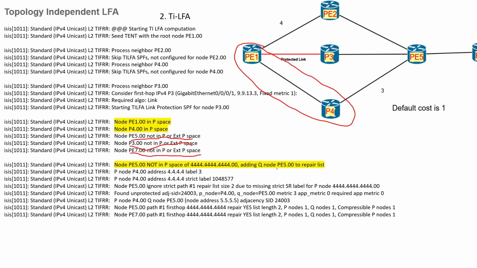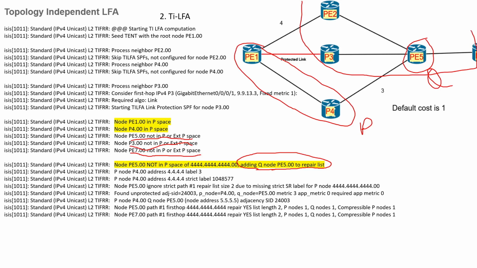So based on that, it has calculated that PE5 is the next Q node. So this has become P node and this has become Q node. All these routers are part of the Q space of P3 or destination.